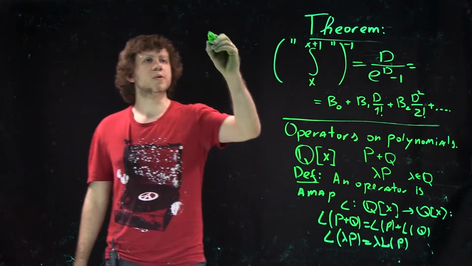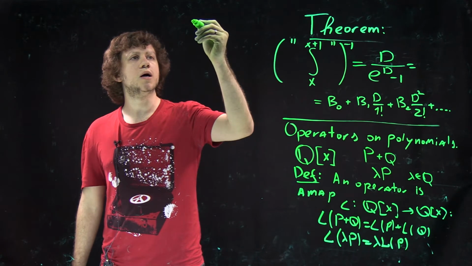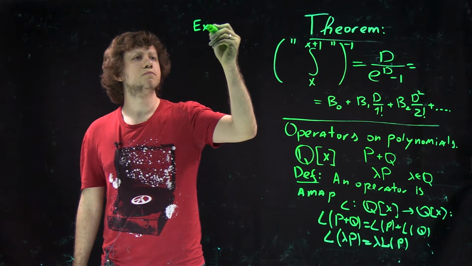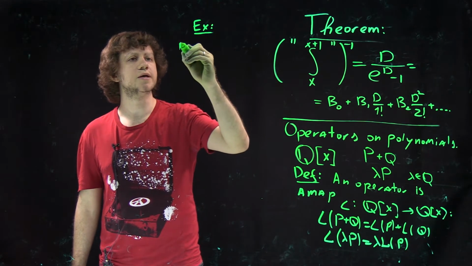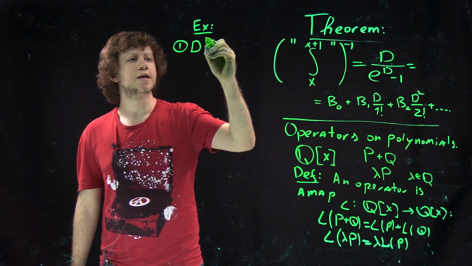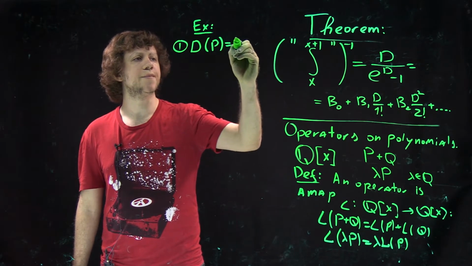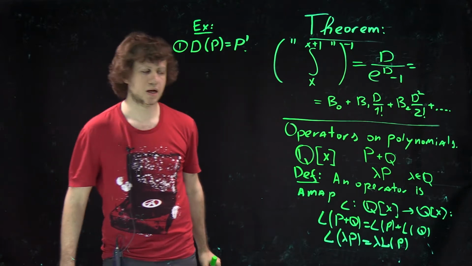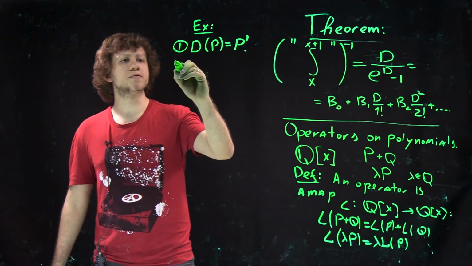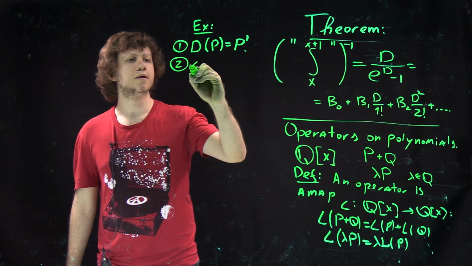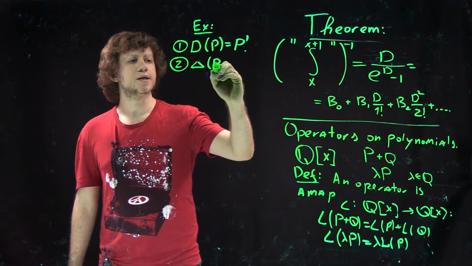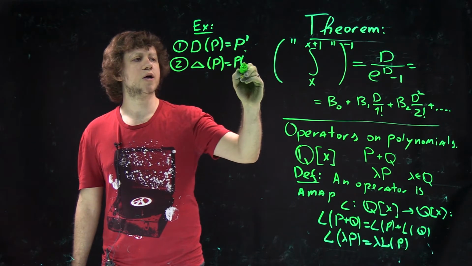Okay, what examples do we have? The main example is probably the derivative d, taking a polynomial p to p prime. Another example is, for instance, delta, and delta sends p to p of x plus 1 minus p of x.